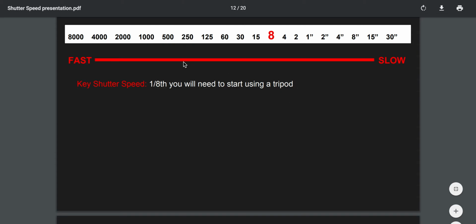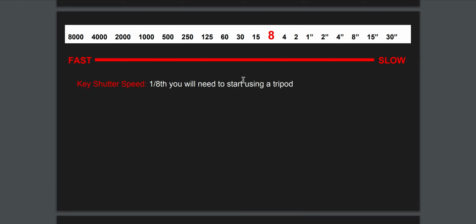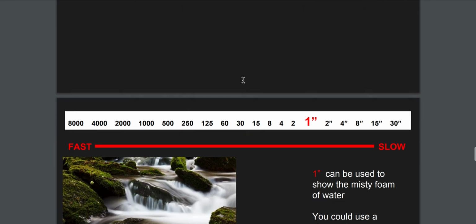At 1/8 of a second, start using a tripod because there's room for error unless you have an extremely steady hand, which even I blur at this area.